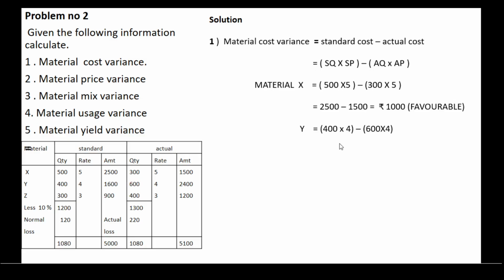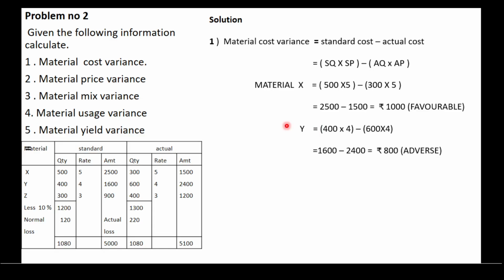So 400 into 4, 1600, minus 600 into 4, 2400. So here the actual cost amount is more than the standard cost, so it will become adverse. So rupees 800 adverse is the material cost variance for the material Y.